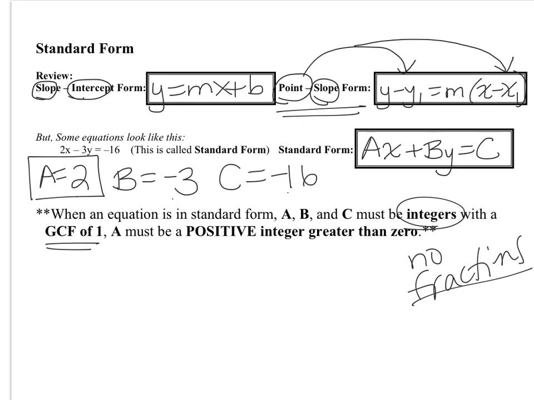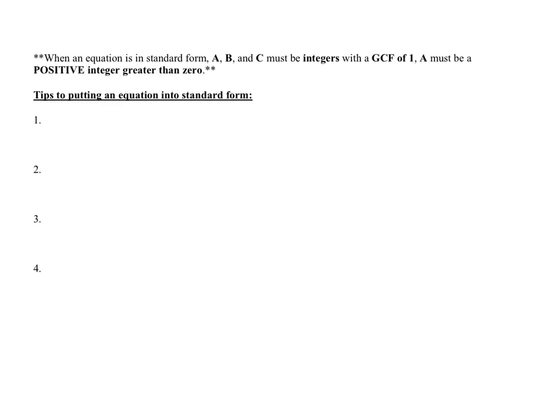So let me give you some helpful tips on how to put things in standard form. The very first thing, we need to make sure that a and b are on the same side of the equal sign, and it's equal to the constant, right? Because the form, I'm going to write it again so we have something to look at, is ax plus by equals c.